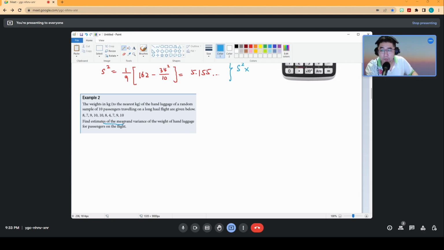Find the estimates of mean and variance for the weight. Again, you key in and do your calculation.